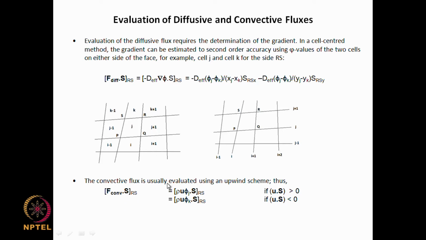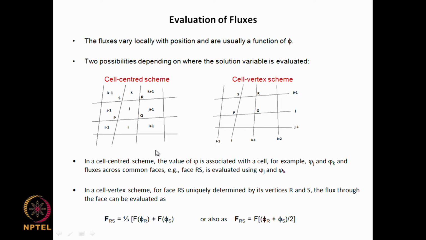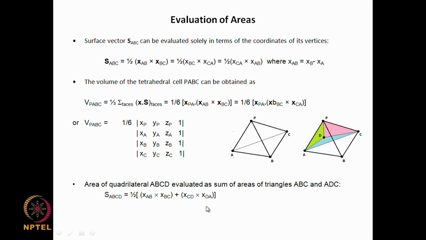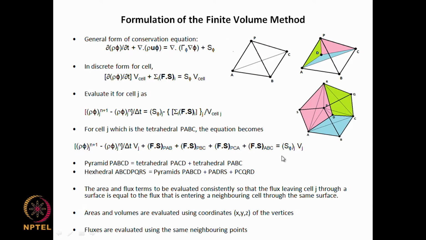So, we have seen how to evaluate the convective flux over a particular face and how to evaluate the diffusive flux over a particular face, and we have also seen how to evaluate the surface area vectors and the volume of the cell, and if we put all those things together, then we will be able to fill all these four things.